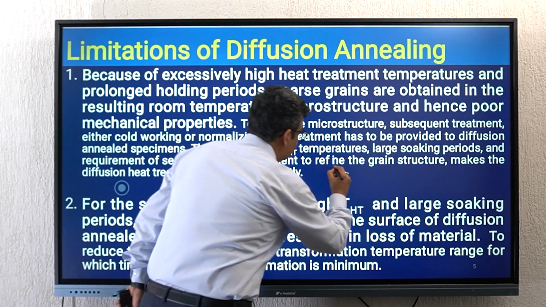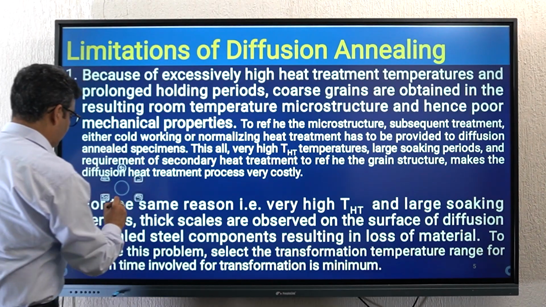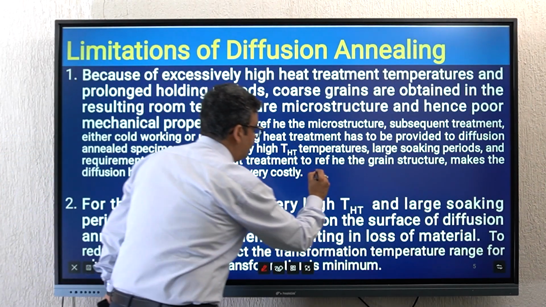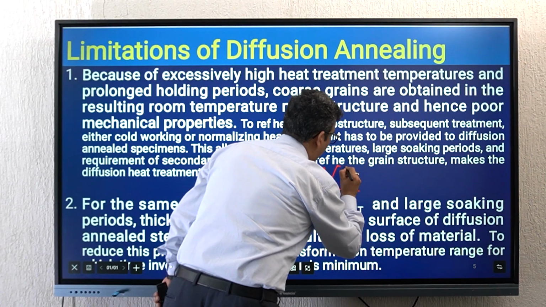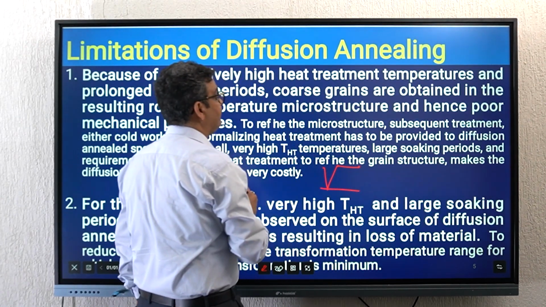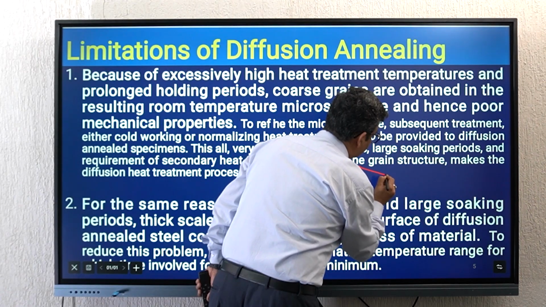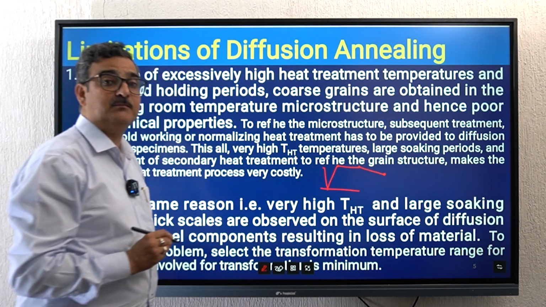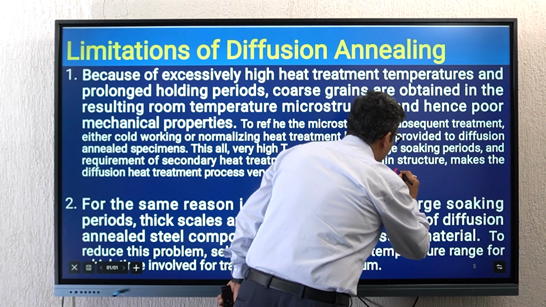Because you have to take the steel to a very high temperature, hold the steel at this high temperature for a very long period of time, and then equilibrium cool the steel through some drop in temperature, this is a very costly process.